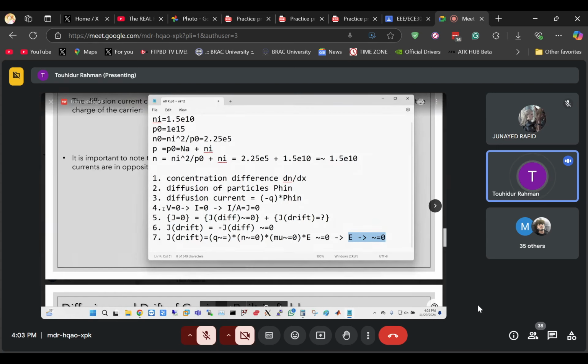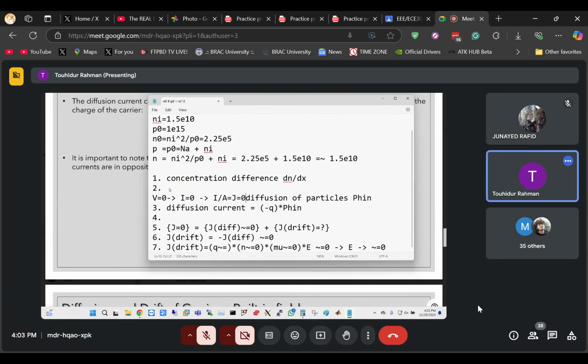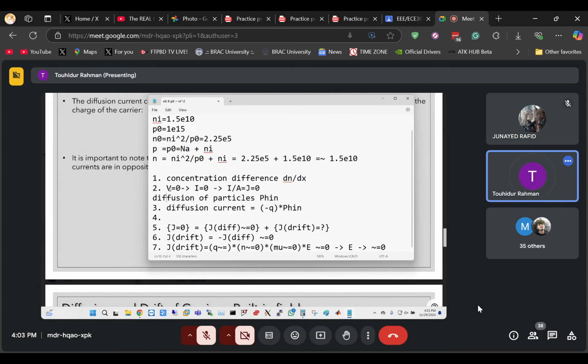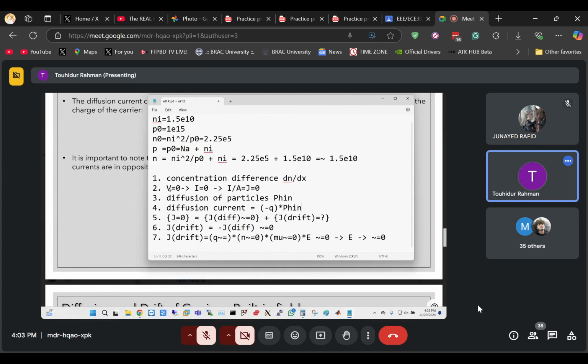I was thinking about how I can explain it in a better way, and I would like you to structure your answers like this. This is one example of how you answer it. If I ask you a question: if there is a concentration difference and no voltage applied, prove that there will be a built-in electric field.